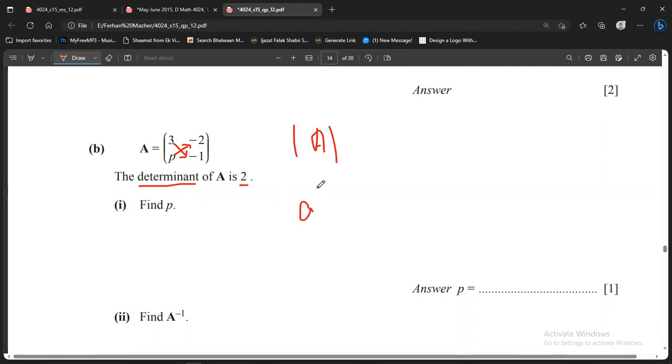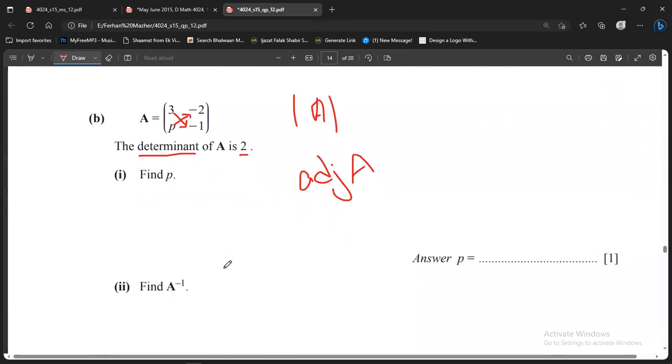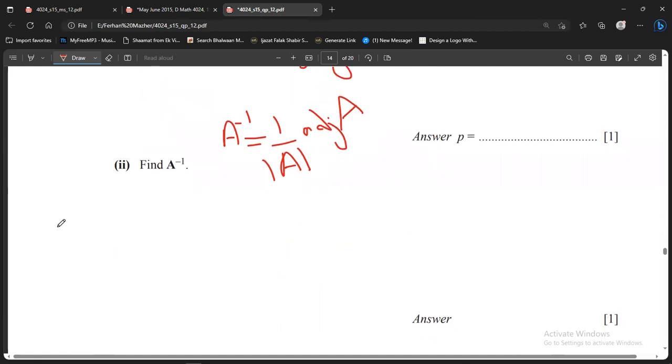Then you need to find out the adjoint of A. And then we will use the formula that A inverse is equal to 1 by A determinant into adjoint of A. We already know the determinant. We just have to find the adjoint. So, 1 mark question.